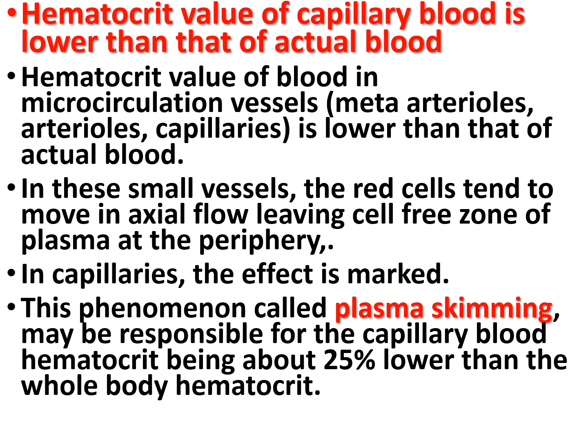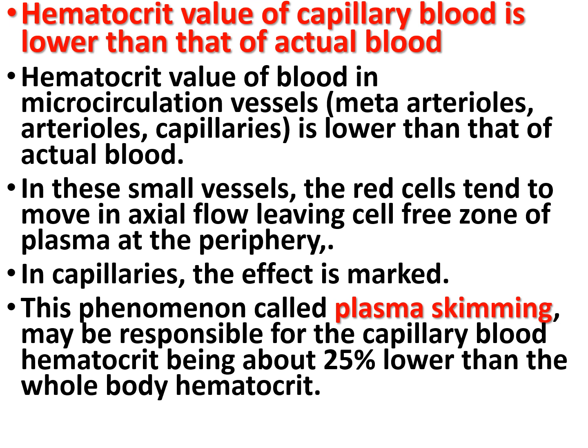In these small vessels, the red blood cells tend to move in the center of the bloodstream, meaning axial flow, leaving a cell-free zone of plasma at the periphery. So at the periphery there is only plasma flow, free of cells, and in the center of the vessel there is only red blood cell flow, meaning axial flow.